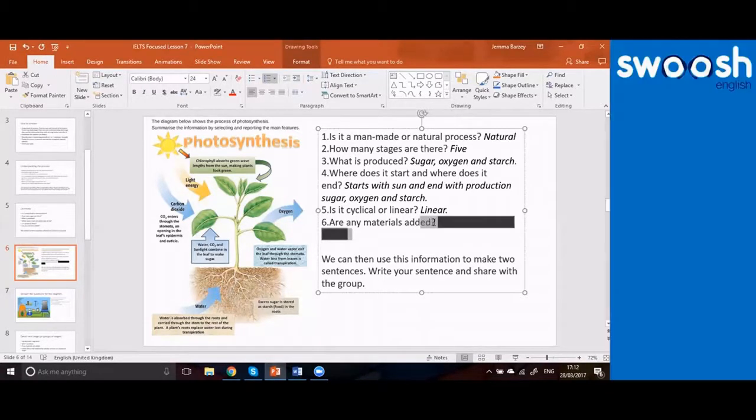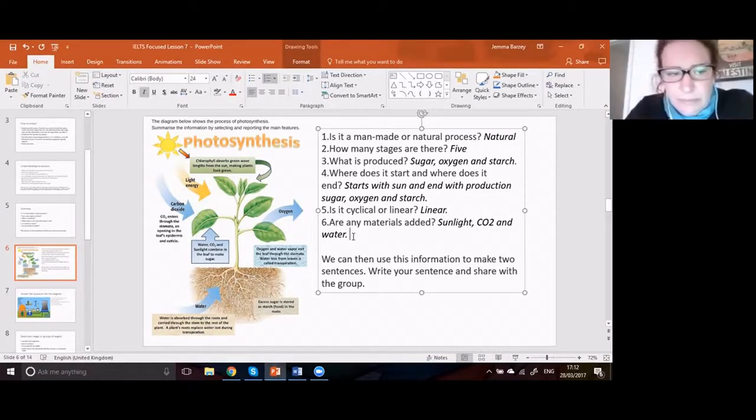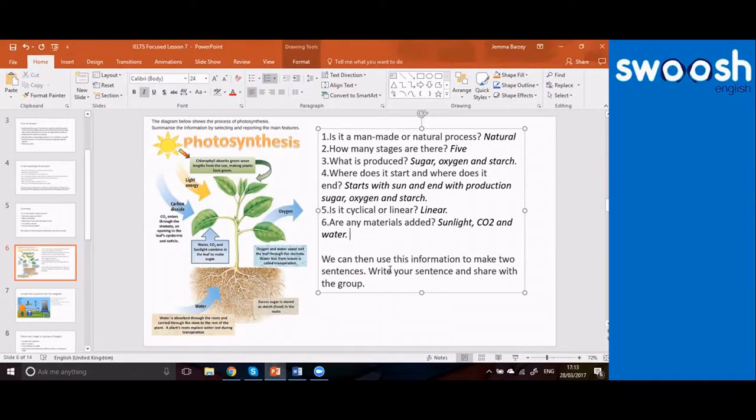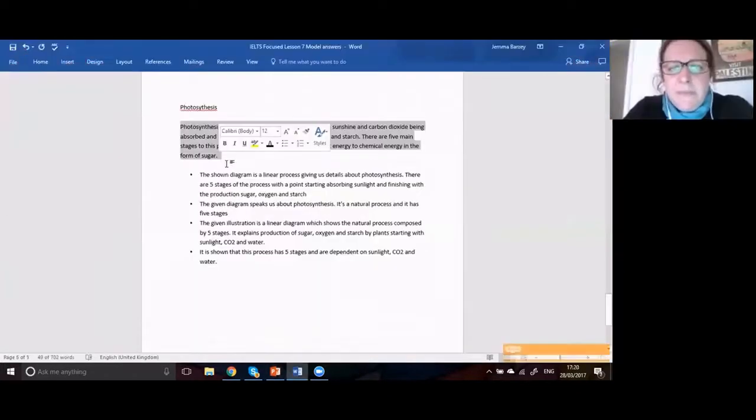Are any materials added, or is anything added in the diagram? Water. Light energy. Sunlight, CO2, carbon dioxide. And water. So you can then use the information to make 1 or 2 sentences. Okay. Here's the photosynthesis one.